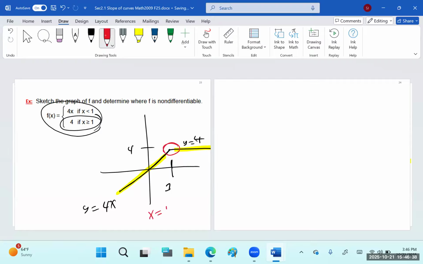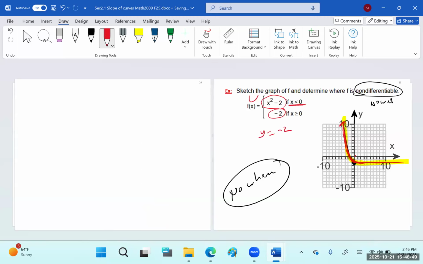It's not differentiable at x equals 1. So this one is not differentiable because of the sharp corner, but the other one is differentiable because it's not a sharp corner. It's a smooth corner. Okay. With this, we are done with 2.1. When we come back, we are going to do 2.2, 2.3, and other stuff.